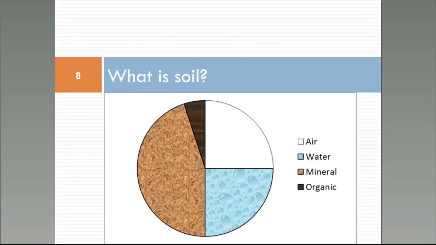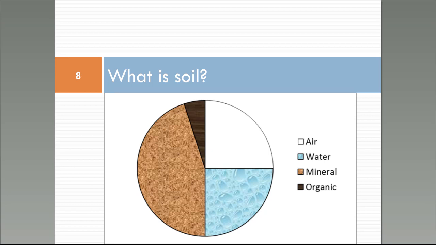So what is soil? We walk on it all the time. We manipulate it to grow food. We build on it. We drive on it. But I think oftentimes it's taken for granted. And it is fairly simple at some scales, but also quite complex.